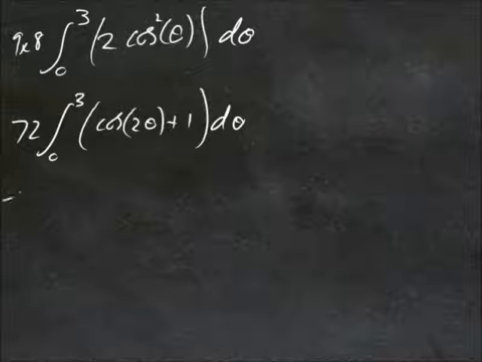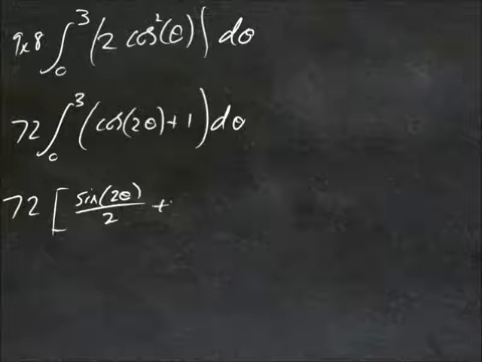So the first one, 72 times the integration of cos 2 theta, which would be sine 2 theta on 2, plus theta, between 0 and 3.